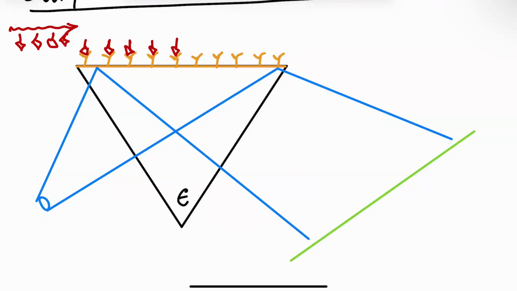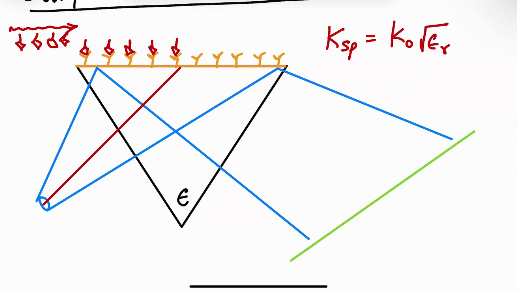Essentially, there is one angle at which the phase matching condition is satisfied. Maybe this angle, right? At this angle, this condition holds: K surface plasmon is equal to K naught square root of epsilon r sine theta.